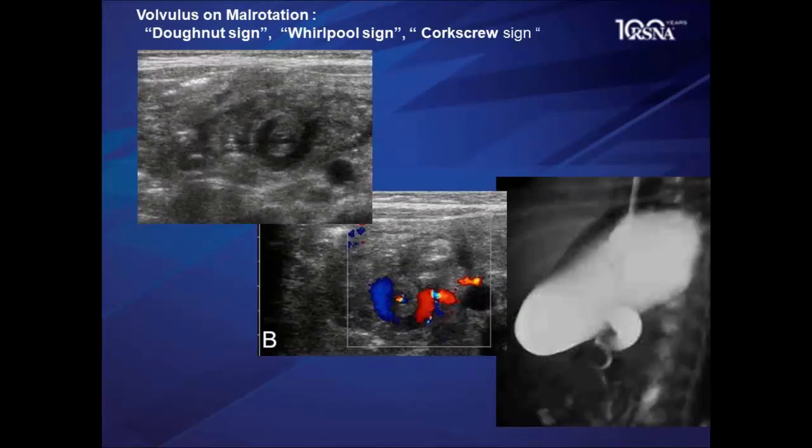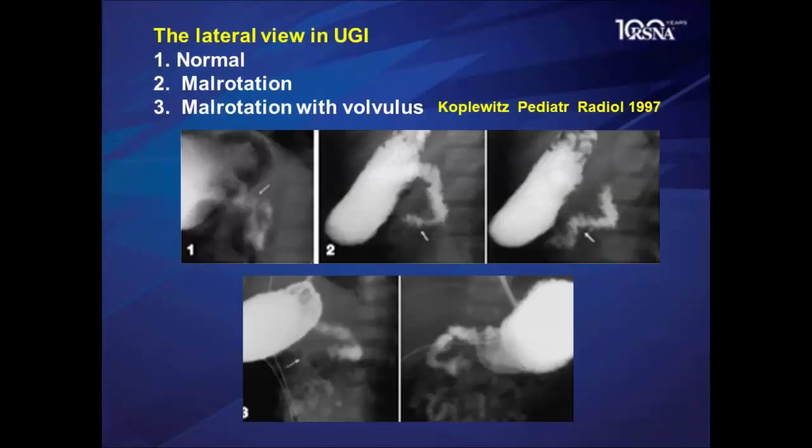Another picture with color imaging here, and the classical exam when I do exams on the lateral projection and I start watching this proximal duodenum. Here it's so tight that I have the really corkscrew sign of a volvulus. Now this is to illustrate the importance of a lateral view in upper GI.